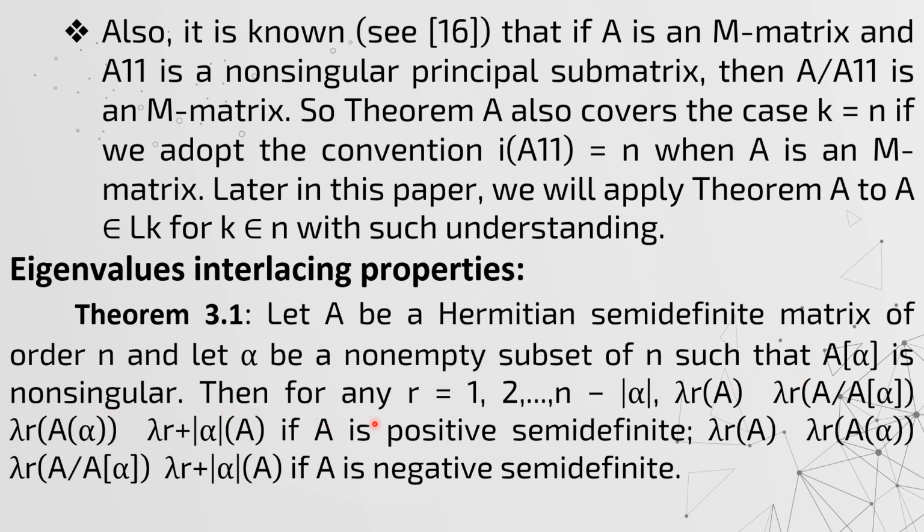Then for any r equals 1, 2, 3, and so on up to n minus the cardinality of alpha: if A is positive semi-definite, lambda_r(A) is less than lambda_r(A/A[alpha]), lambda_r(A[alpha]) less than lambda_r(A) plus cardinality of alpha; and if A is negative semi-definite, the reverse inequalities hold.